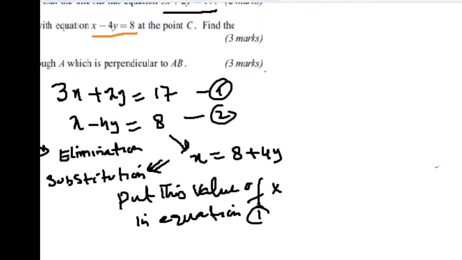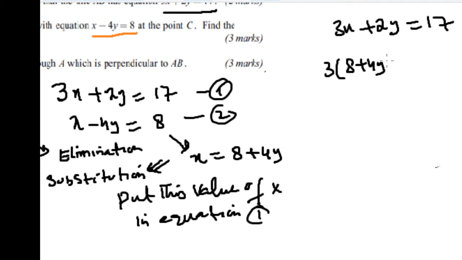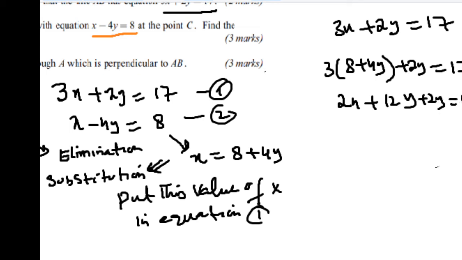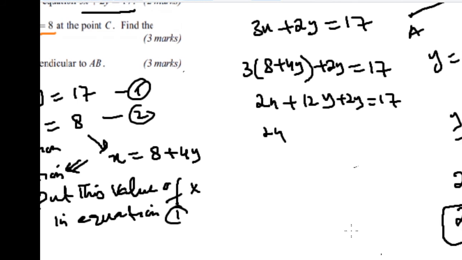Equation 1 is 3x plus 2y is equal to 17. So the value of x is 3 into 8 plus 4y, plus 2y is equal to 17. So 24 plus 12y plus 2y is equal to 17. 24 plus 14y is equal to 17.